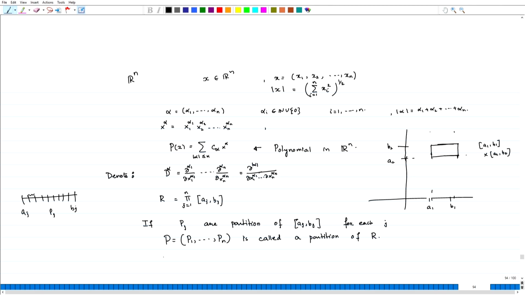So, if Sj are subintervals of Pj, then you define S equal to S1 cross S2 cross Sn, and this is going to be a subrectangle of the rectangle R of the partition P.